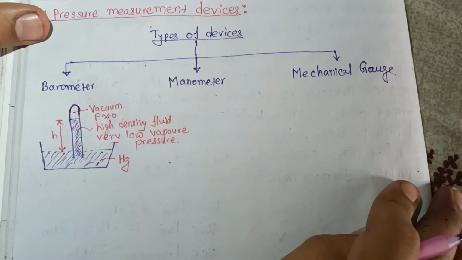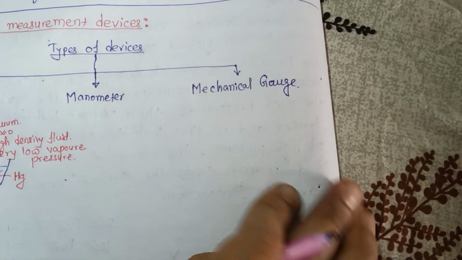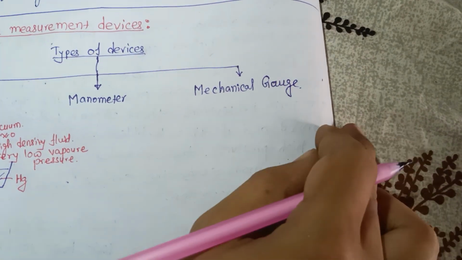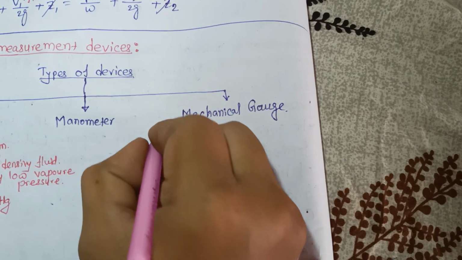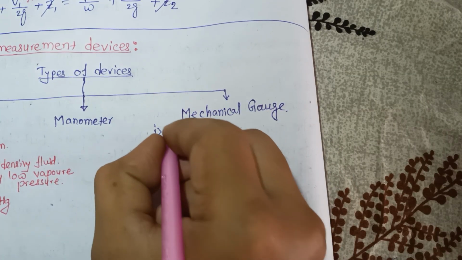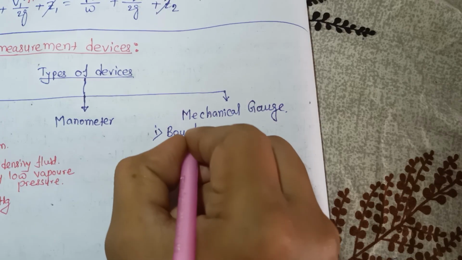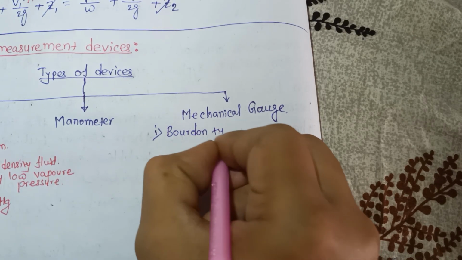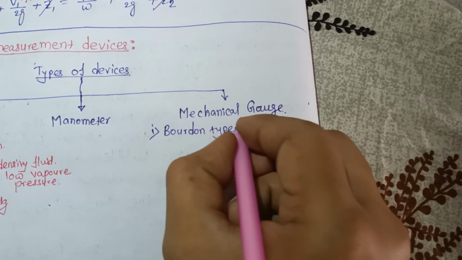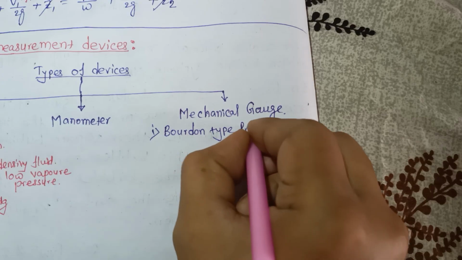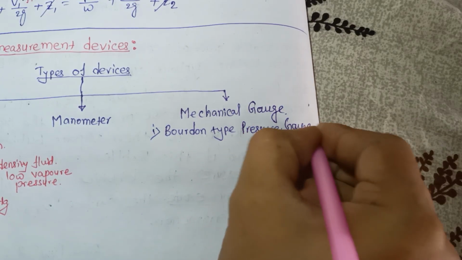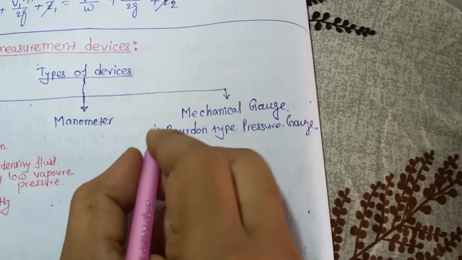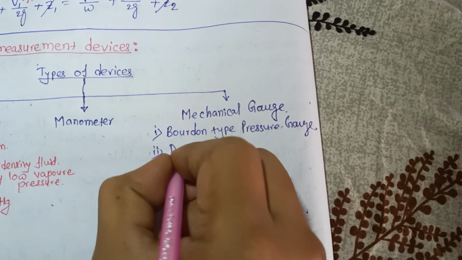There are four types of mechanical gauge. One is the Bourdon tube pressure gauge. Second is the diaphragm pressure gauge.